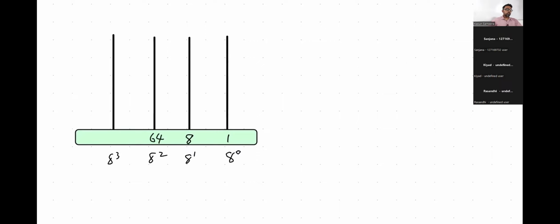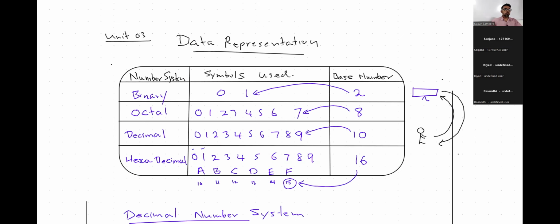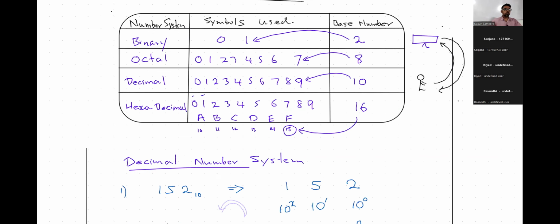Right. Then how can you represent this number? 2, 6, 7: you need to put 7 circles there. 2, 3, 4, 5, 6, 7. Can we represent 7 circles in one bar in the octal number system? Yes, we can. Do you remember the table we mentioned here? In the octal number system, the last symbol is 7. Yes, we can represent 7 circles in one bar. Okay. Decimal 9, binary 1.